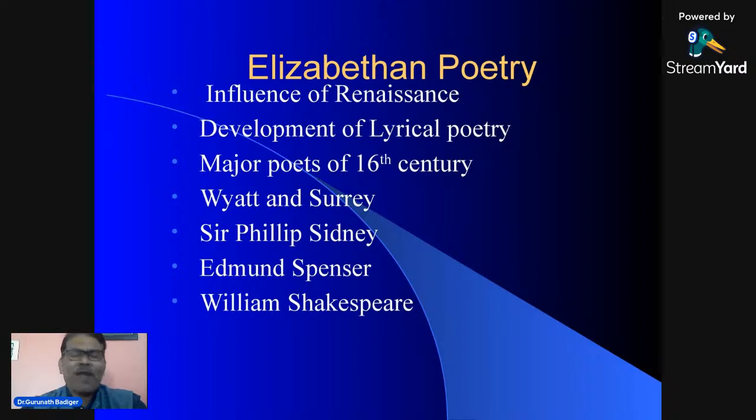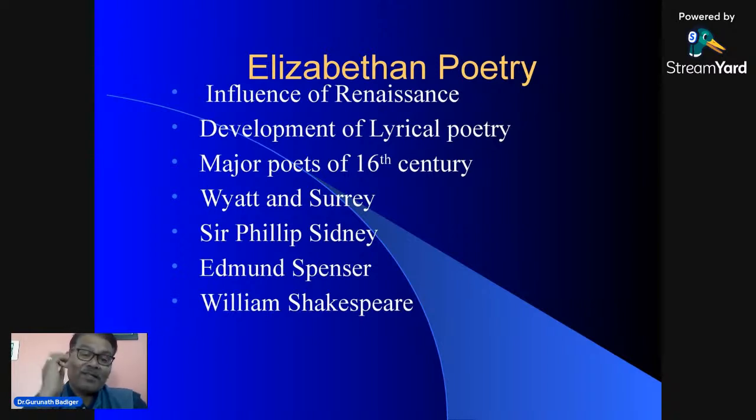And what we should look into: Wyatt and Surrey. They are the pioneers of the English sonnet. They traveled to Italy and came back to England with the sonnet form. So they should be remembered for these reasons. Wyatt followed the Petrarchan model. Petrarch is said to be the pioneer of the Italian sonnet.